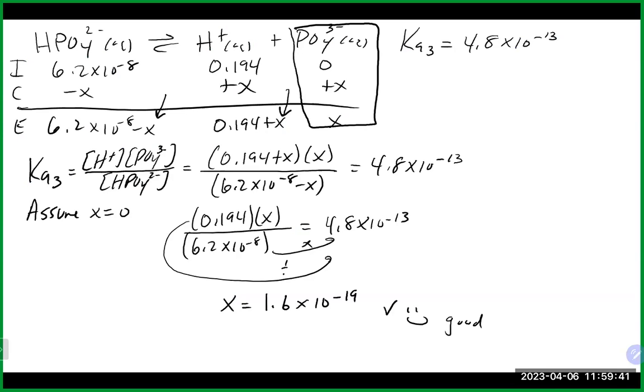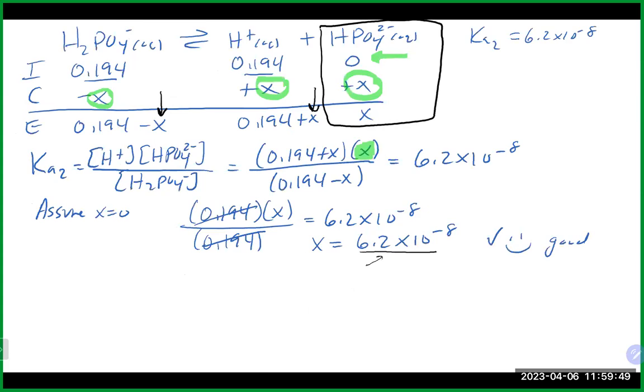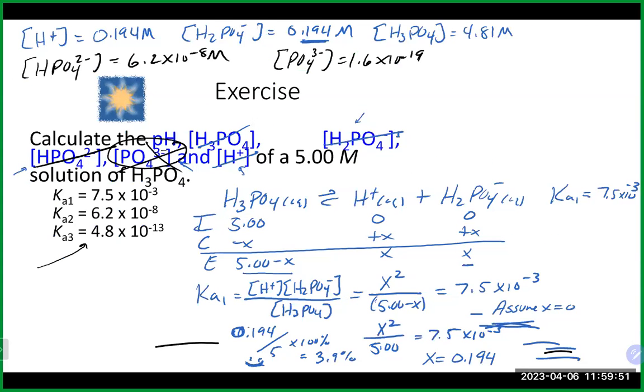So the majority of the H plus will come off in the very first step of a polyprotic acid, because it gets harder and harder to remove the other H pluses as you go through each step. Which means if you have a question where it asks you to calculate the pH of a polyprotic acid and nothing else, you could pretty much just do the first ICE table, and you most likely will have the correct H plus concentration to calculate the pH from.